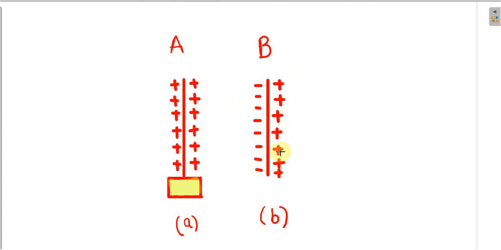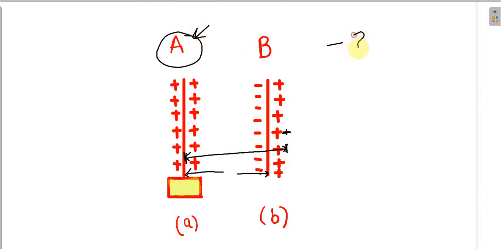Now which charge will affect the potential of plate A more?